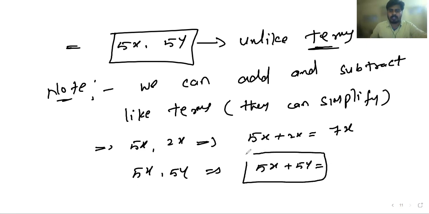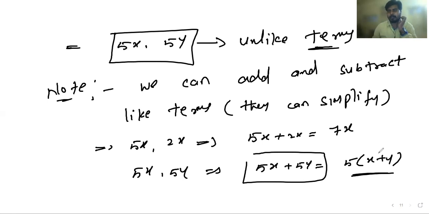We cannot simplify any more. Or we can write 5 times (x plus y), that's it. There is no more simplification. What is the difference between the addition of like terms and unlike terms? Unlike terms we cannot simplify further, and like terms we can simplify. Simplest form. Got it?